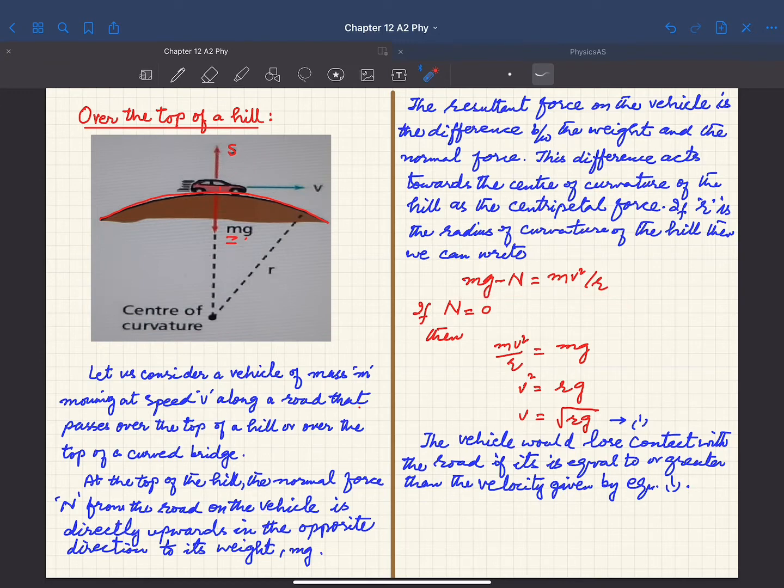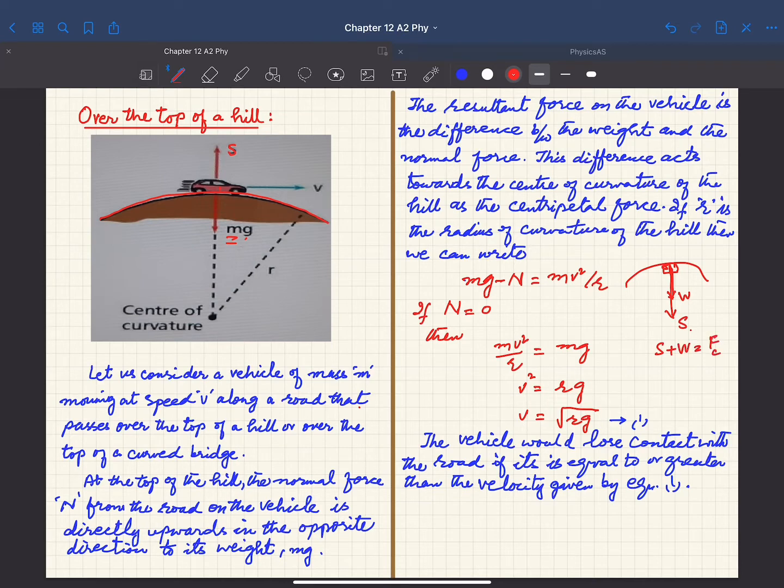So be careful when you have a situation like this, then both these normal reactions and you can say here you have the body, so the weight and the normal reaction or contact force are in the same direction, and the addition of these two will give you the result, which is the centripetal force.